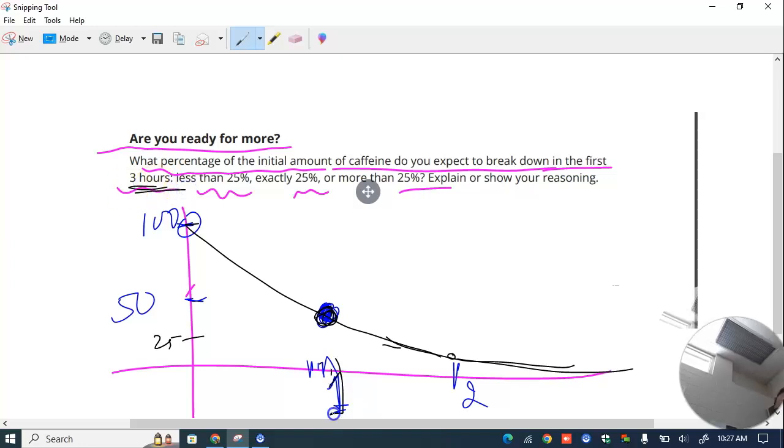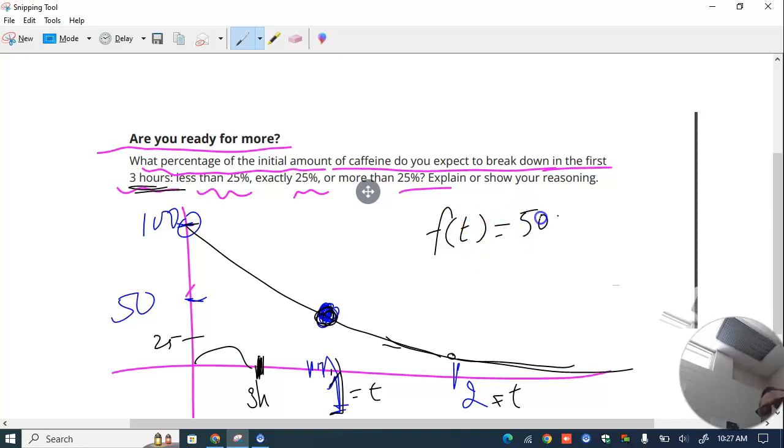So the question is the first 3 hours. That means 3 hours will be in here. So this is 3 hours. Now, this is your t equals 1, t equals 2. If you want to know 3 hours, remember f of t was 50 times half raised to t.